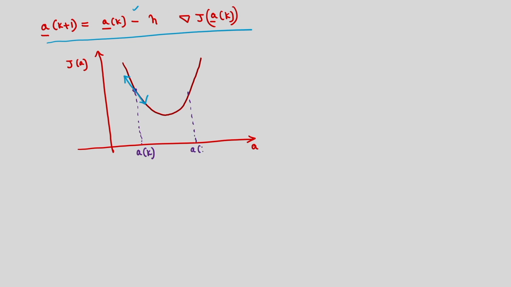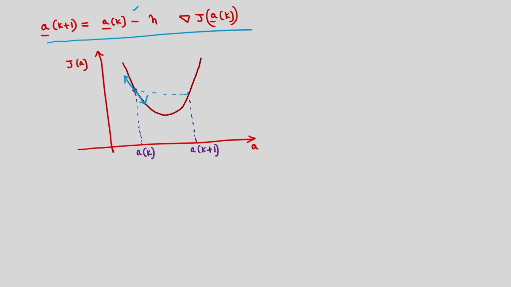After this, suppose I consider k plus 1, this is the value at the a_{k+1} iteration, that means in the next iteration. If I consider eta very high, very large, that means overshooting of the value.